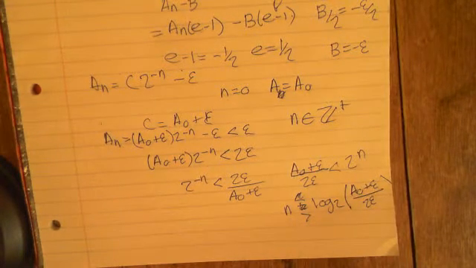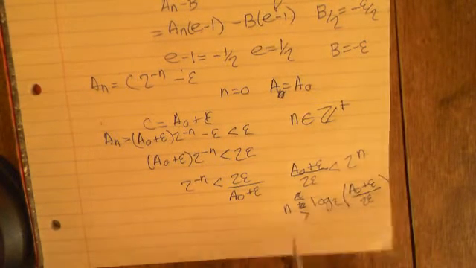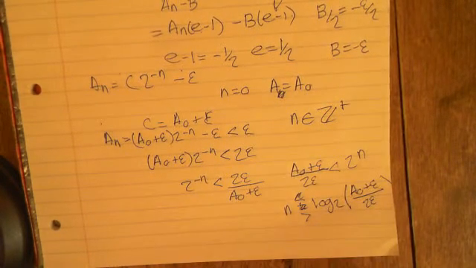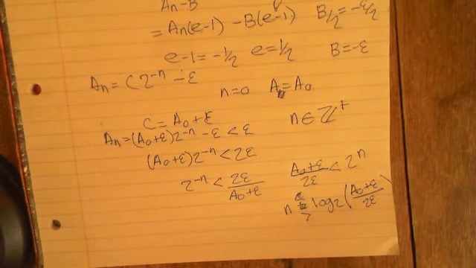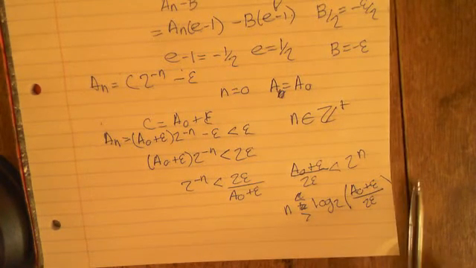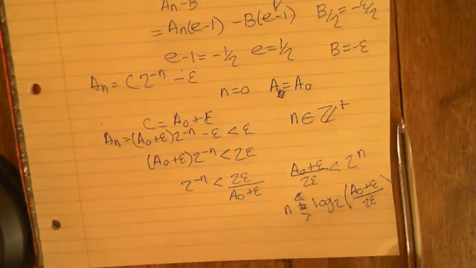You can pick whatever integer you want as long as it's greater than that, and do it that many times, and you will have gotten a rational number in between the P and Q.